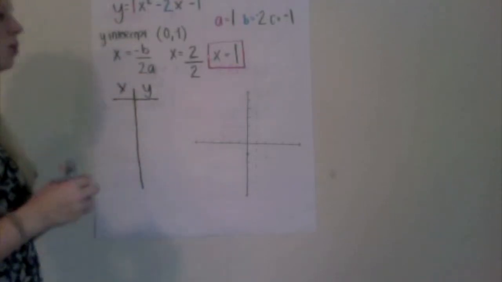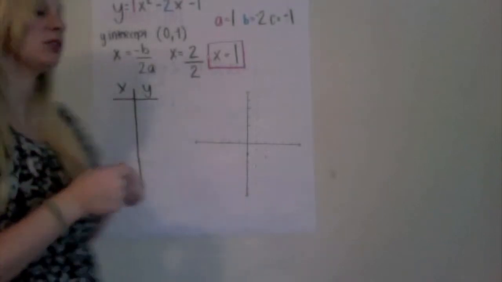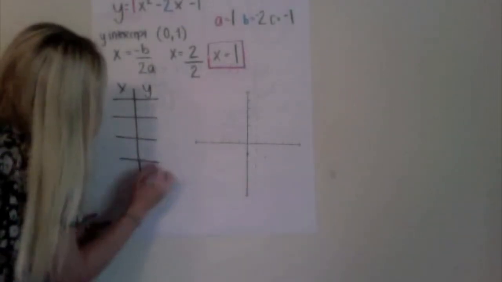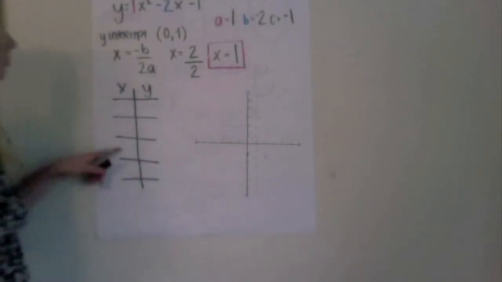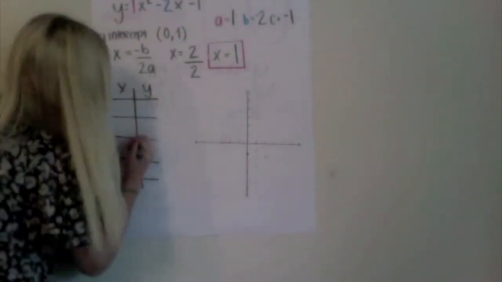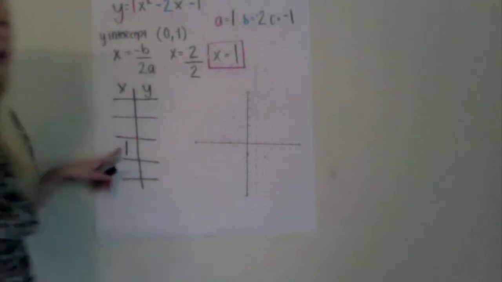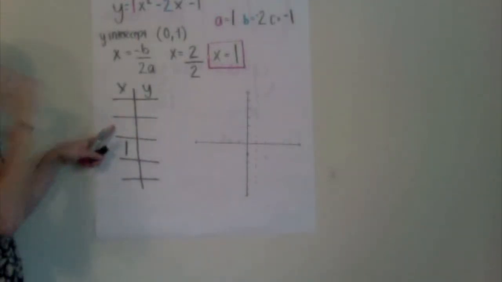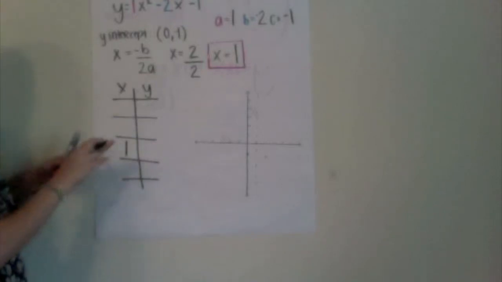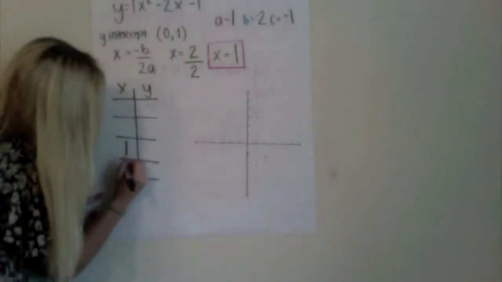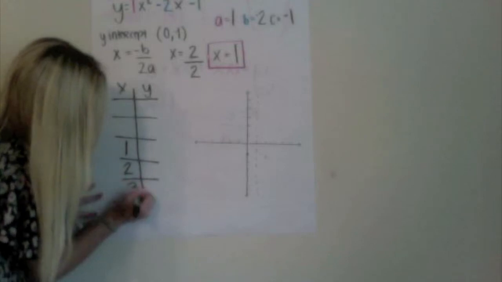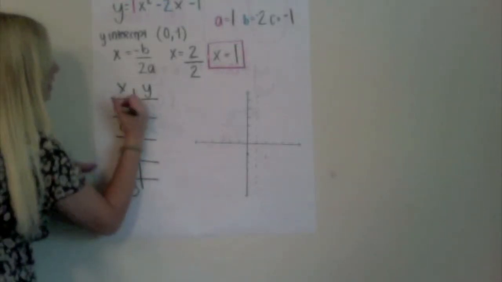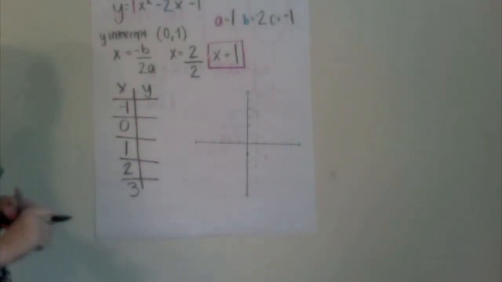Our vertex is going to be the very middle of our parabola, so that's going to be the middle point we find. Let's go for 5 points. So our middle point is when x equals 1. And what are some points around 1? We're going to go 2 before 1 and 2 after 1. So the after ones will be when x is 2 and when x is 3, and the before ones will be when x is 0 and x is -1.